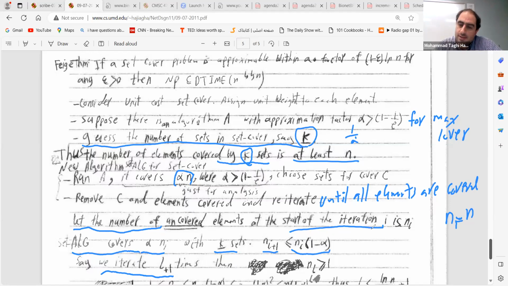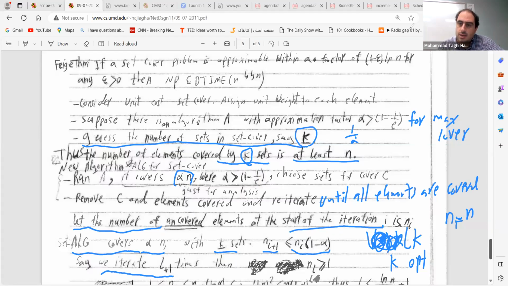The total number of sets it uses would be L times k versus k, since the optimum was k and the algorithm is using L times k. So we have the approximation factor L. We are doing L plus 1, but we know that n_L was at least 1. The extra 1 does not change anything.